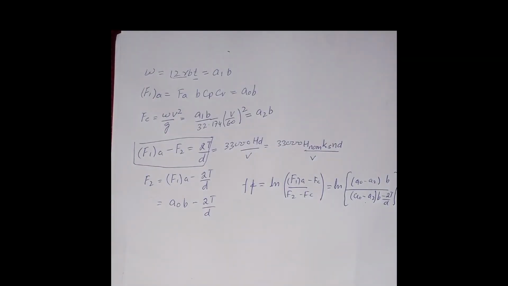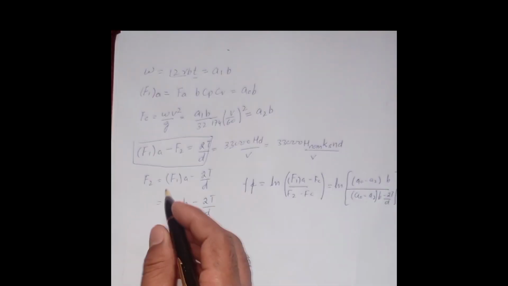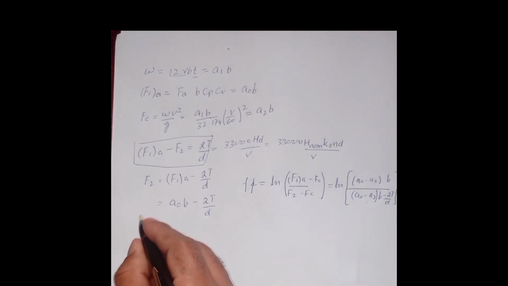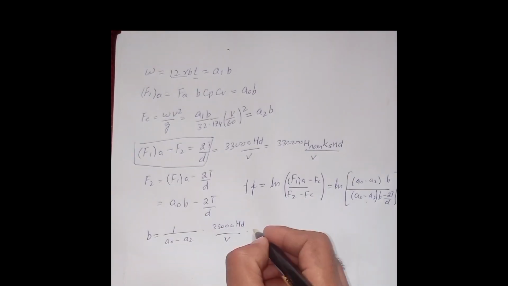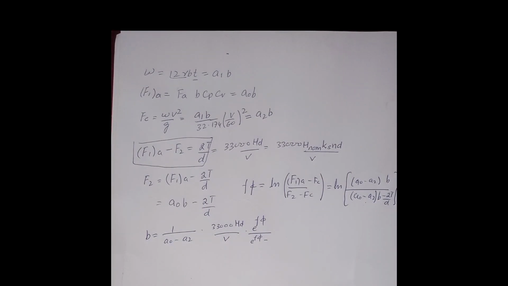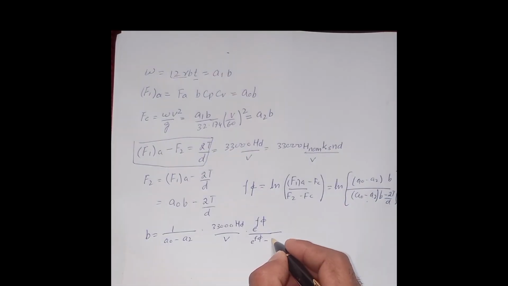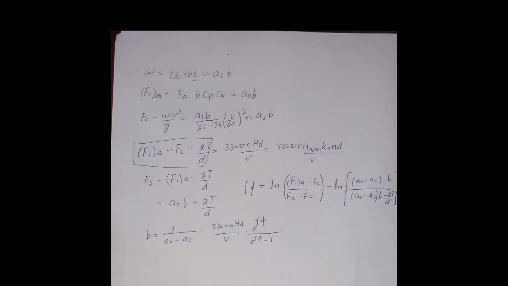All this information is given in the question, and what you are required to do is to show that b is equal to 1 over a naught minus a2 into 33,000 H d divided by V into e to the power f phi over e to the power f phi minus 1. So you are going to prove this.